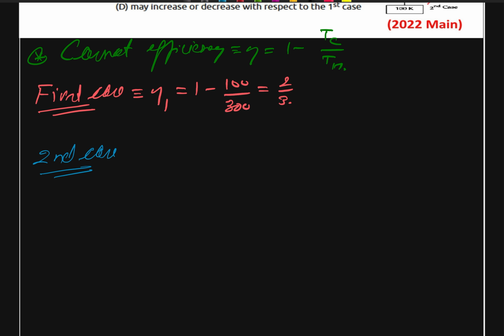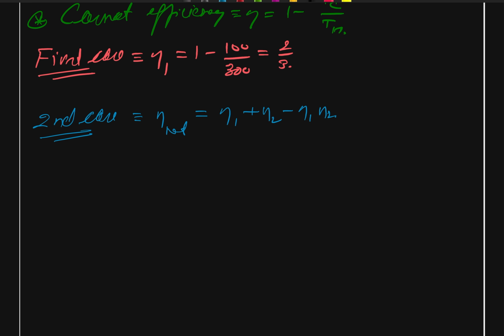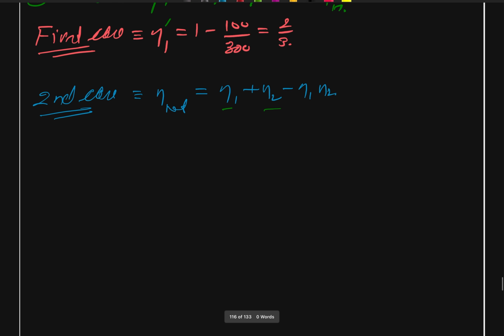And second case, we need to find out our net efficiency, which will be equal to nu1 plus nu2 minus nu1 nu2. Okay, let me write the first case as our prime, so it is differentiable from this.